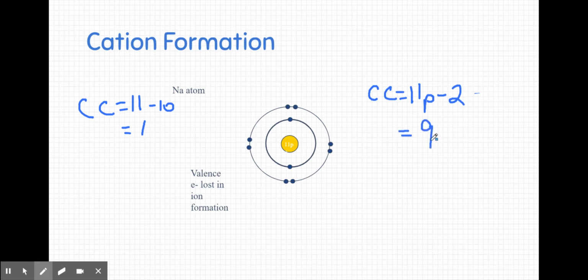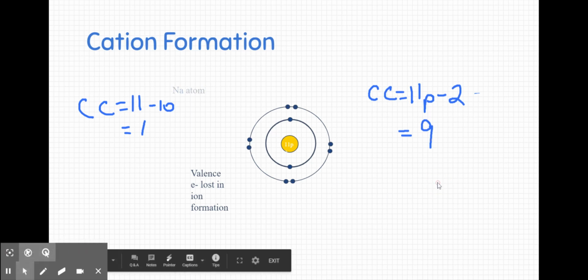So the core charge now is 9. So just from losing an electron, the force of attraction experienced by the valence electrons increases significantly. A much larger force of attraction results in a much smaller ion. So those valence electrons are pulled in much closer to the nucleus.